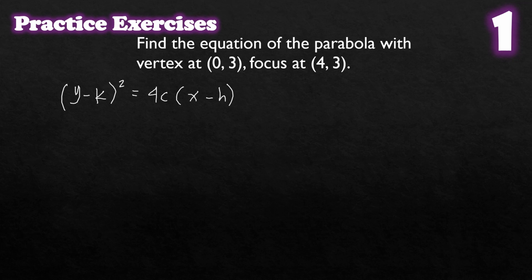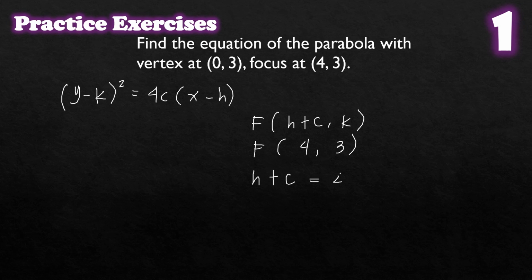The coordinates of the focus is at (h + c, k), and this time it is at (4, 3). Therefore, we can equate h + c = 4. And since the vertex is at (0, 3), h = 0.